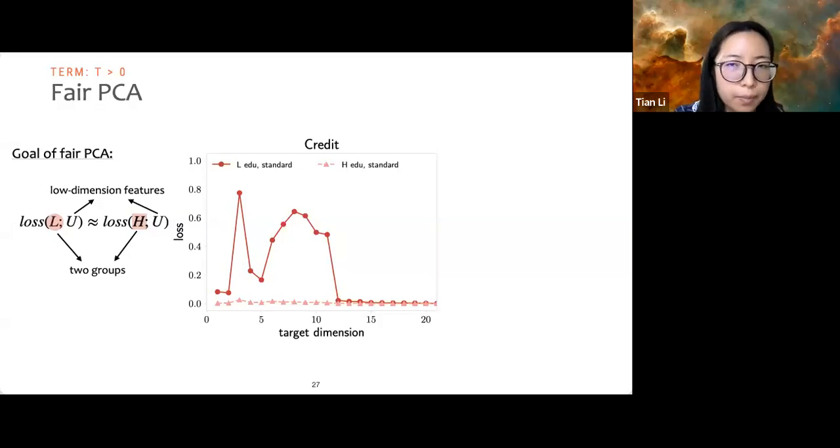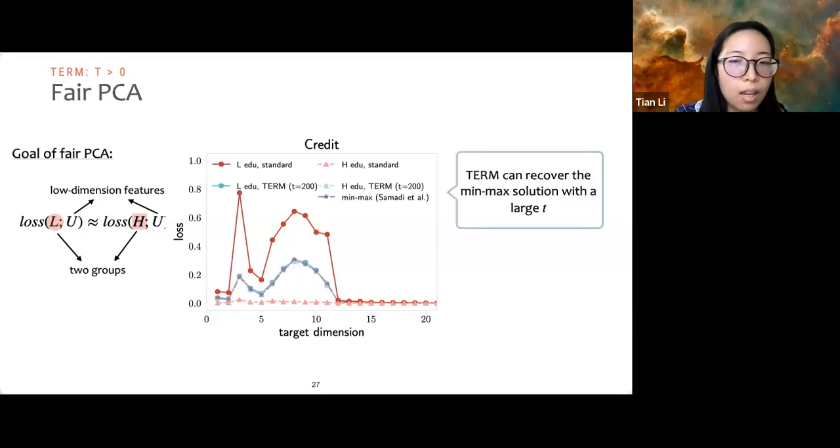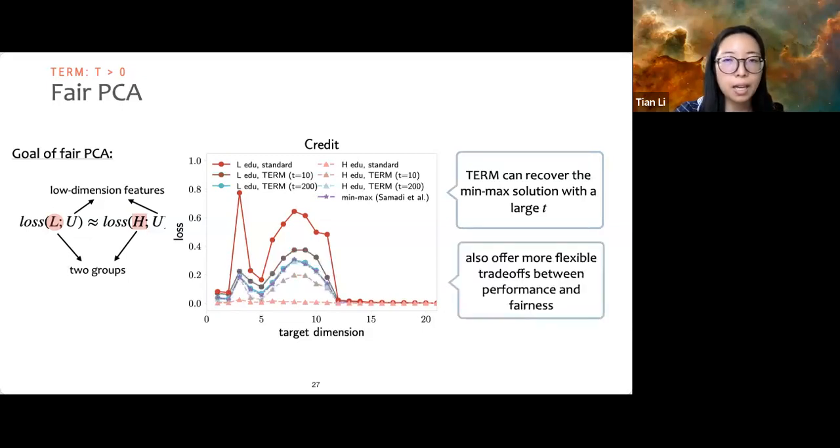And we see that on the credit data set, if we use standard PCA, there's a large gap between the losses on high education and low education groups. So it's not fair. And then TERM can recover a recently proposed minimax fair solution with a large t. But at the same time, it can offer more flexible trade-offs between performance and fairness by encouraging fairness in a less aggressive way.